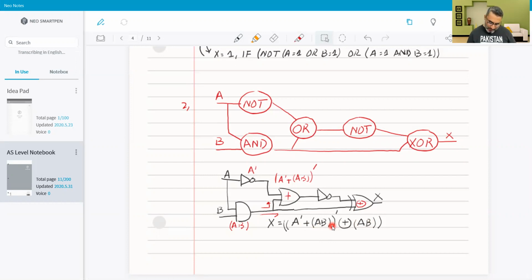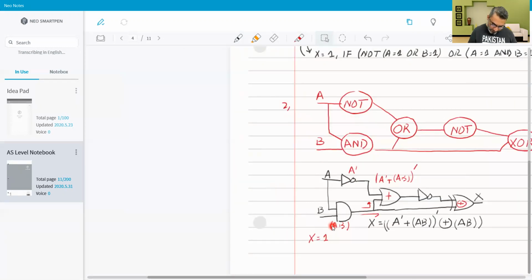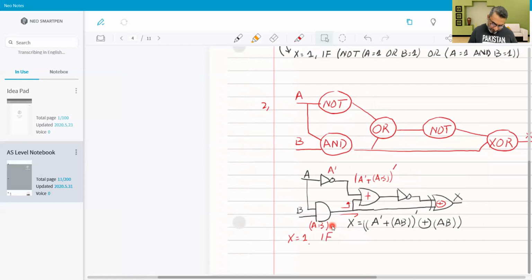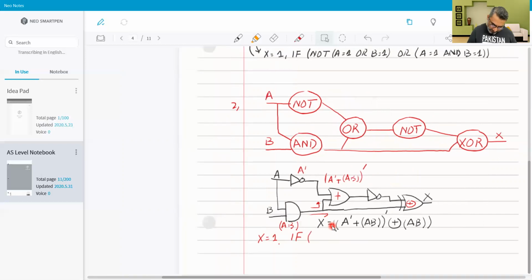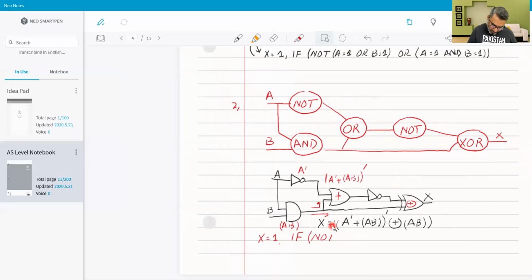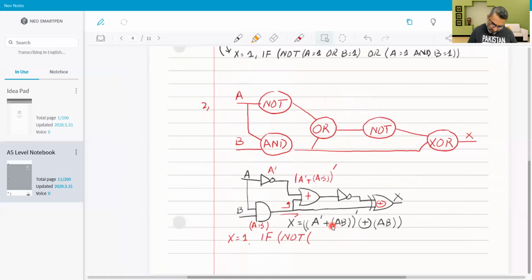Now, if we go in the form of Boolean expression, this will become X is equal to 1 if not, inside the bracket.